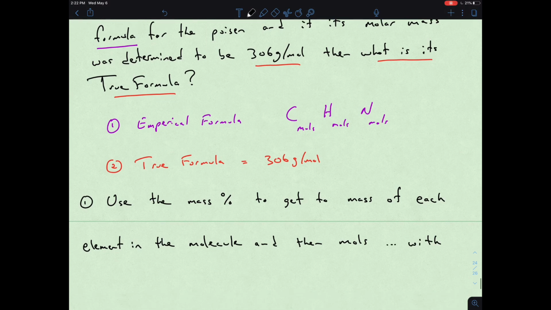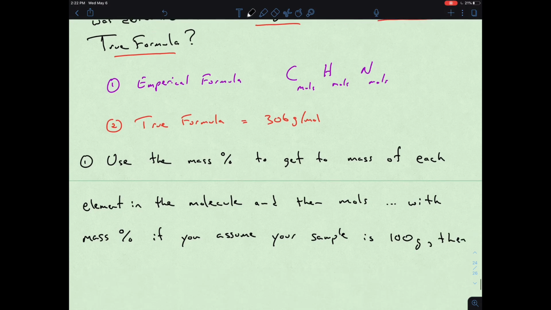And with mass percents, if you basically assume your sample is 100 grams, well, then all the mass percents turn into mass. So it's a real quick way to get through that mass percent idea.